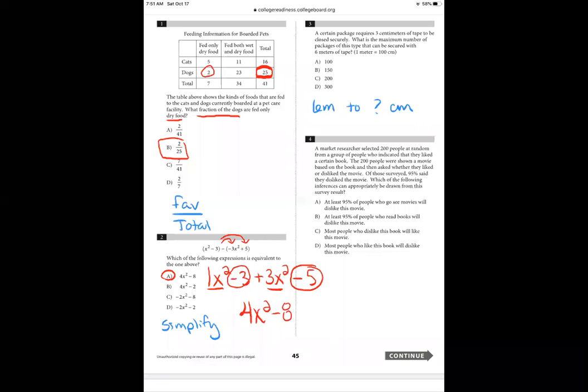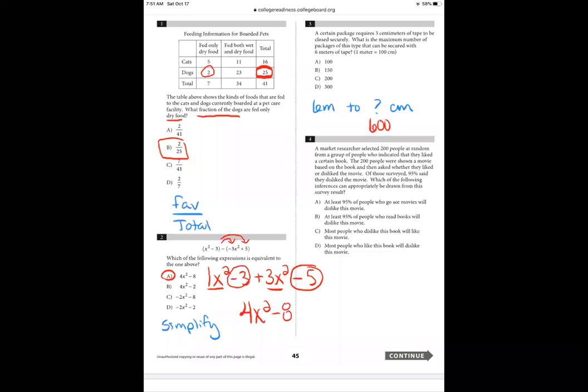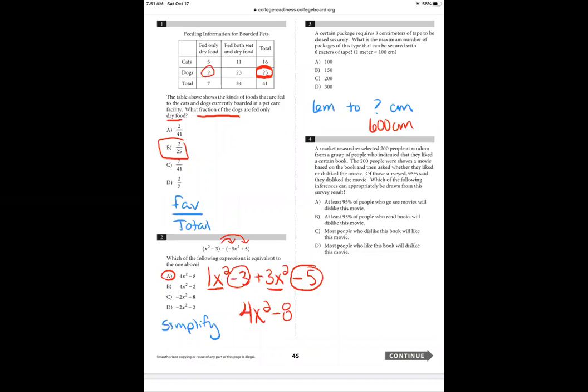For number 3, if you convert the meters to centimeters, you would just multiply 6 by 100 to find out you have 600 centimeters of tape, and it requires 3 centimeters to be closed securely.